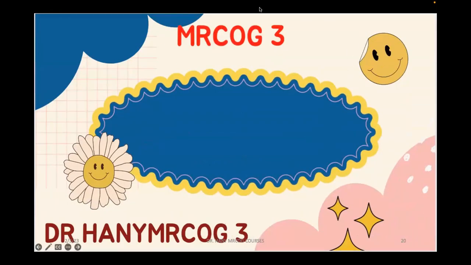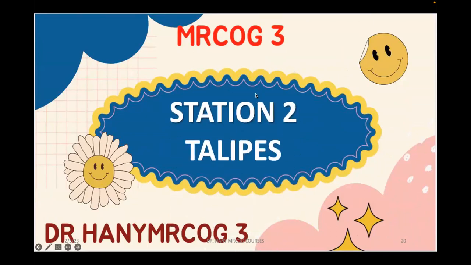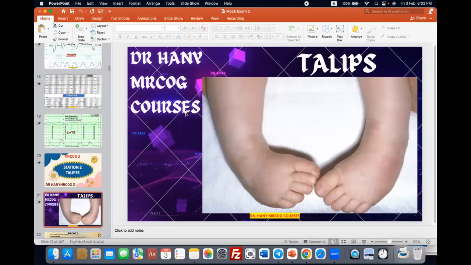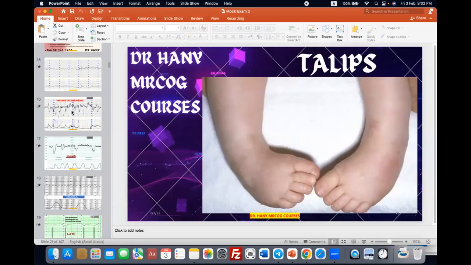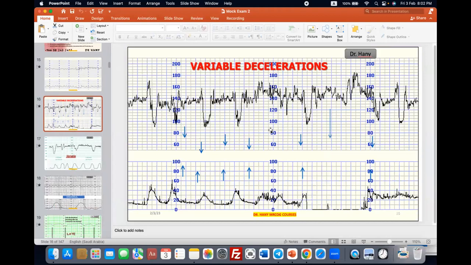Clear? Can you please show the slide of variable decelerations, the concerning characters? You see here, these are the variable decelerations. What are the concerning characters? The variable will be a V shape. Shoulders mean acceleration before and after.